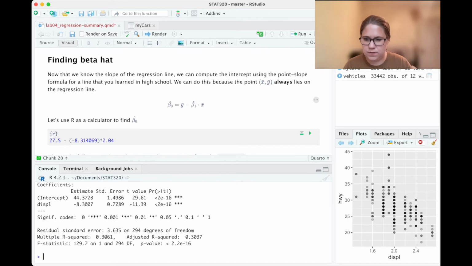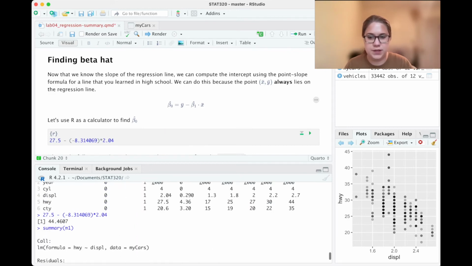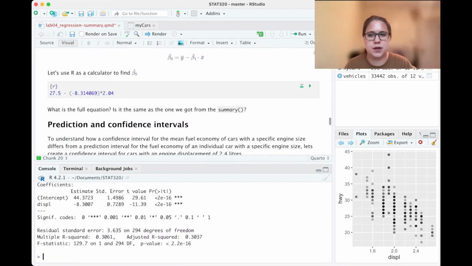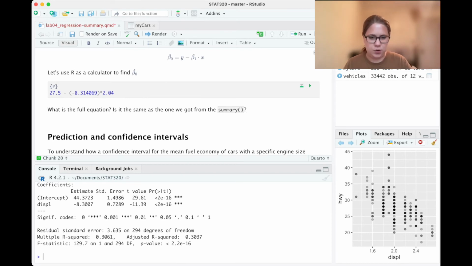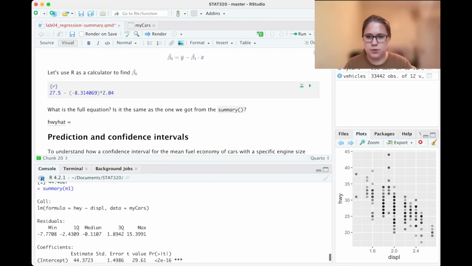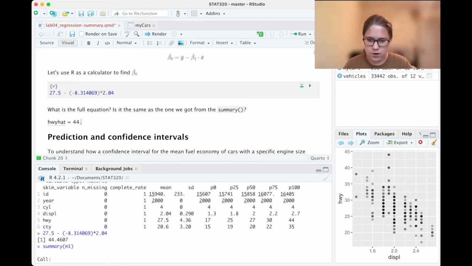Is that what we had found? 44.37. Yep, pretty close. I think it's just based on rounding. So if I wanted to write out my equation, I could say highway hat is equal to 44.46 minus 8.31 times displacement. That would be my equation, and it's basically the same one we got from the summary.